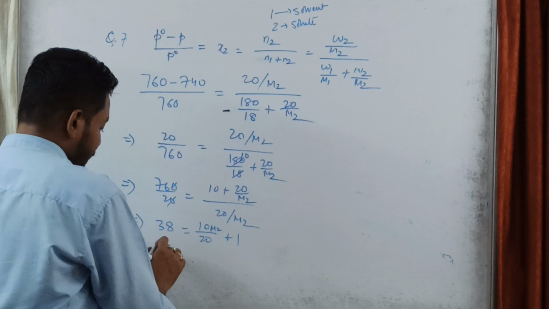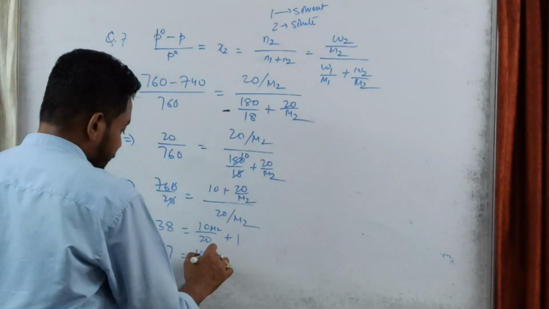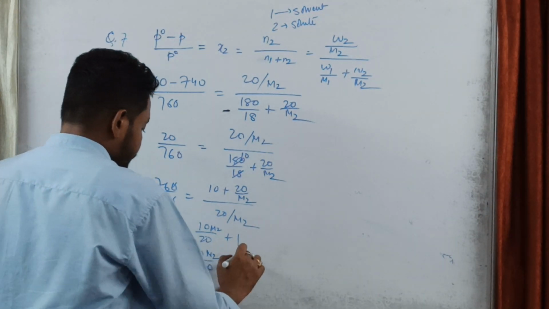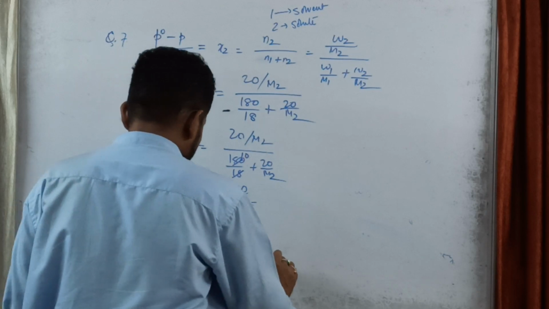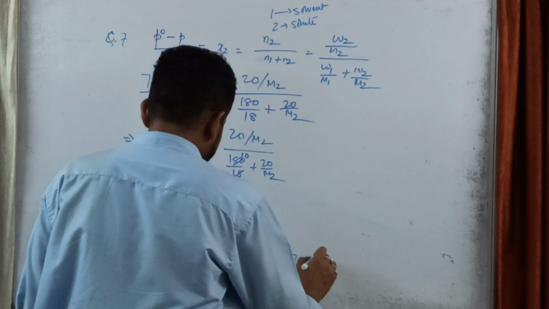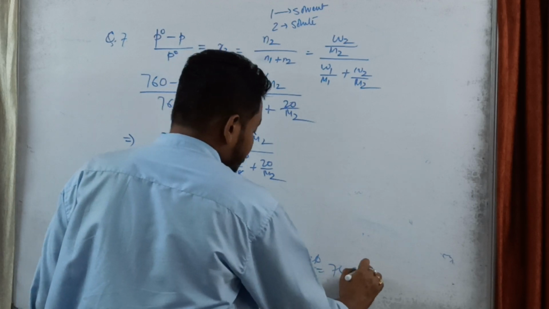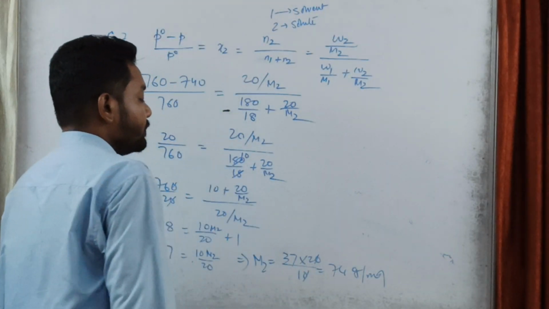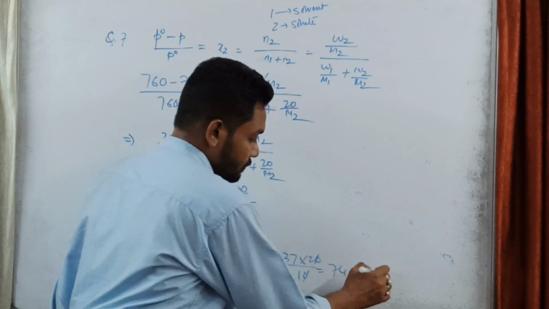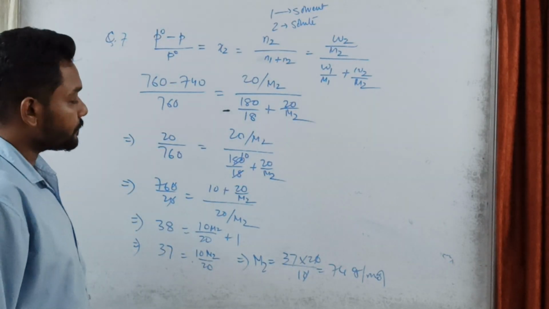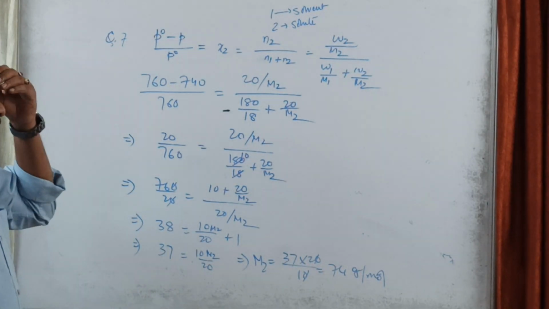So 38 minus 1, that is 37. That is 10 M2 by 20. Now M2 should be 37 into 20 by 10. What is the value? 74 gram per mole. You can see easily calculation. Okay? 74 gram per mole.